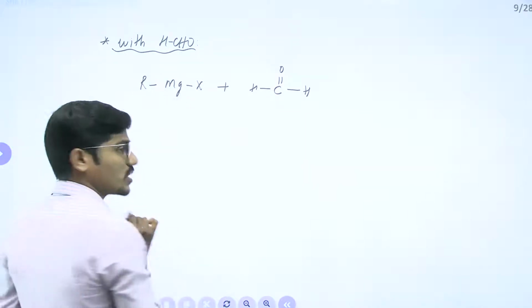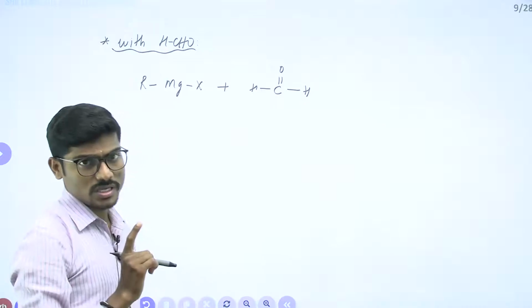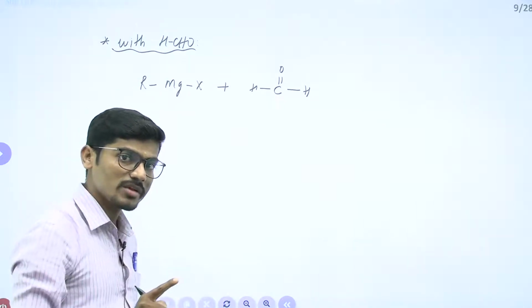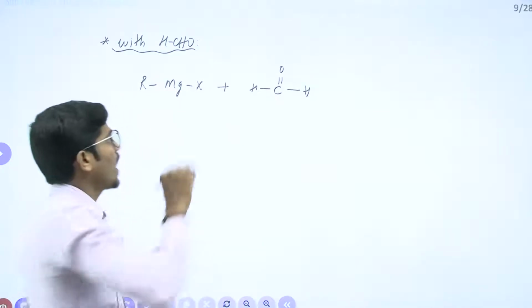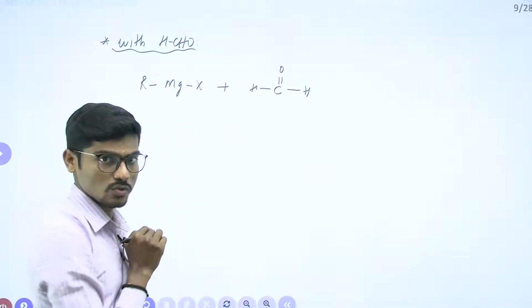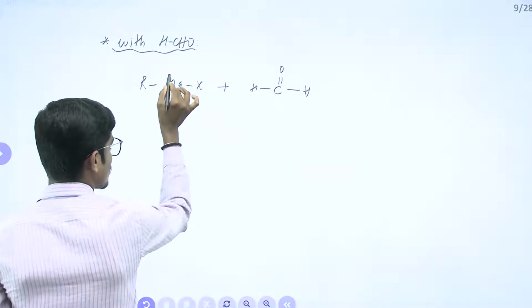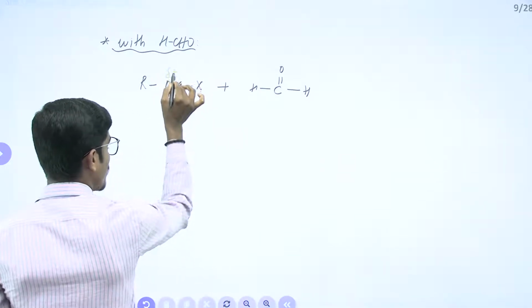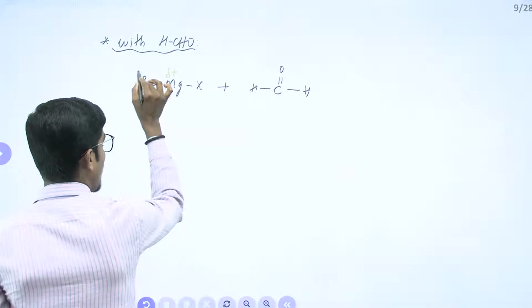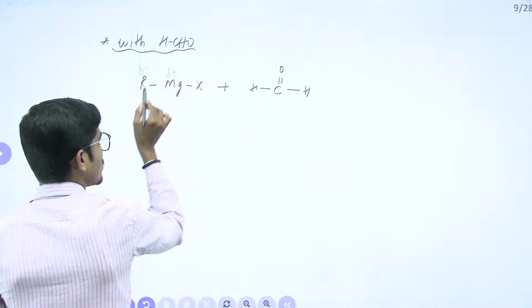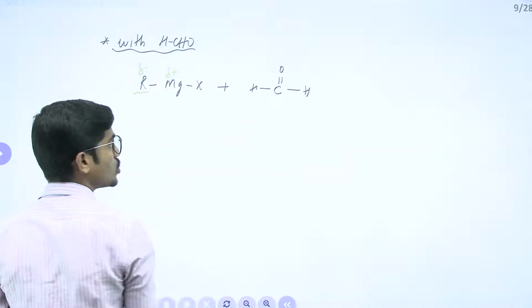In Grignard reagent, halogen is an electronegative element, whereas magnesium is electropositive, and the R group is an alkyl group. So this bond is ionic, because magnesium is partially positive, whereas this R group is partially negative. So it is Mg2+, and here this will be a partially negative group.